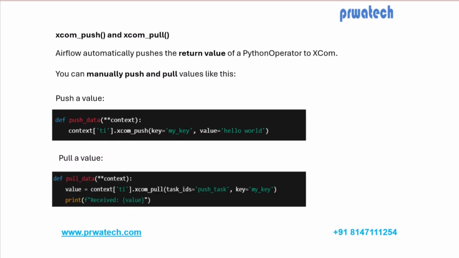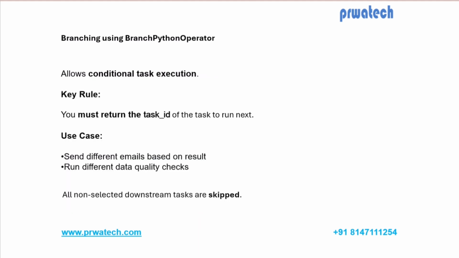You can either assign a task ID or a list of task IDs, and all other downstream tasks are automatically skipped unless handled using a trigger rule.